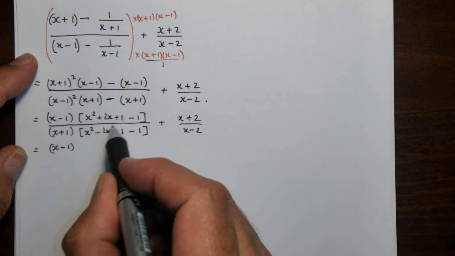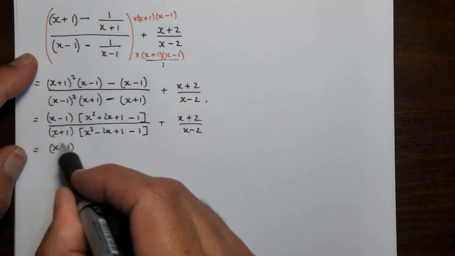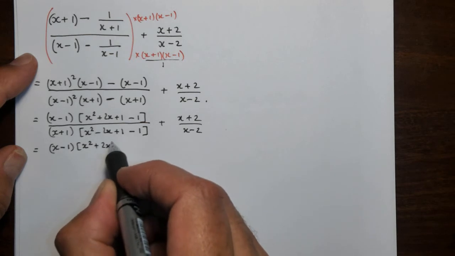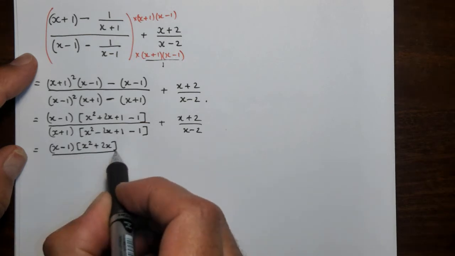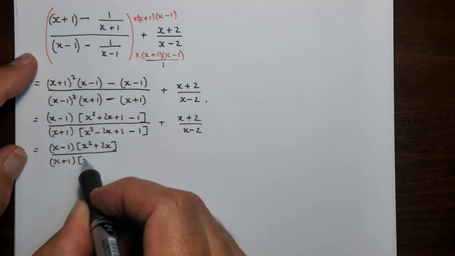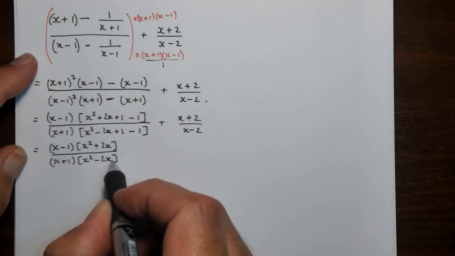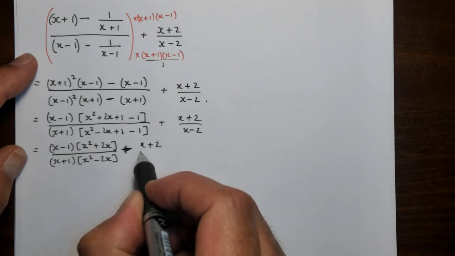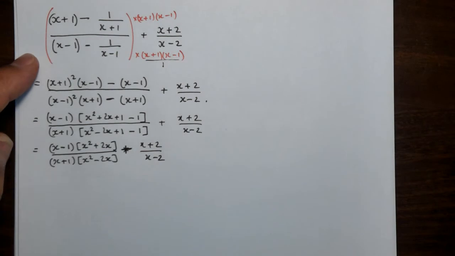This cleans up quite nicely to x squared plus 2x divided by x plus 1 multiplied by x squared minus 2x, and I still have to add the x plus 2 over the x minus 2.